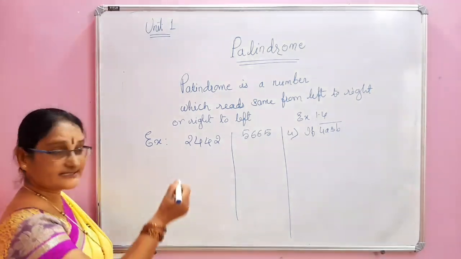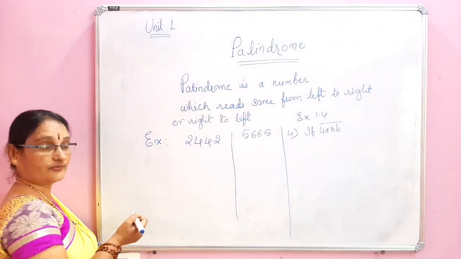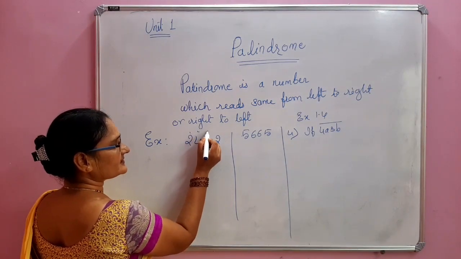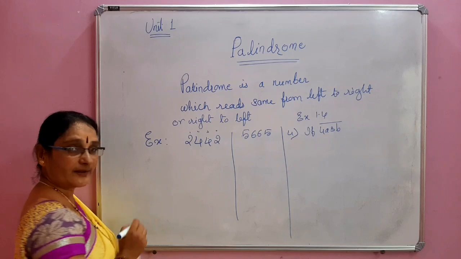We will see what the condition of divisibility of 11 is. This is the first place, second place, third place and fourth place.